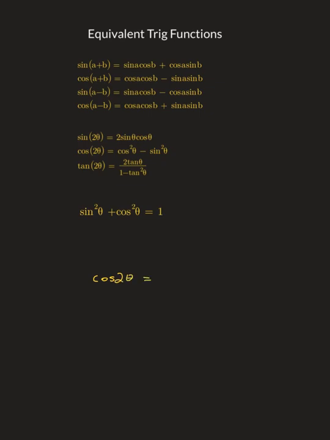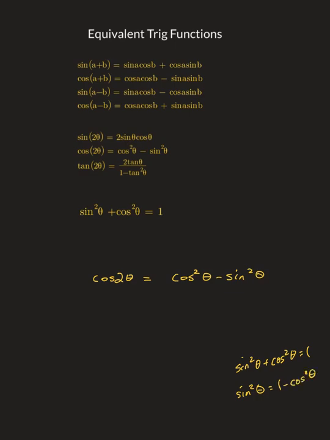So you have cos 2 theta equals cos squared theta minus sine squared theta. And since we know that sine squared theta plus cos squared theta equals 1, we can replace sine squared theta with 1 minus cos squared theta.